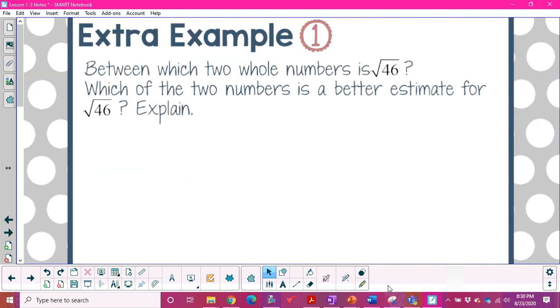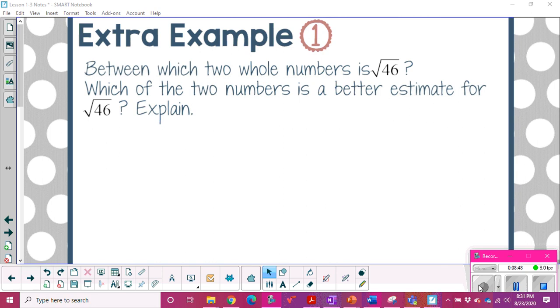Between which two whole numbers is the square root of 46? Which of the two numbers is a better estimate for the square root of 46? And explain. Let's talk about what two perfect squares the square root of 46 is between.